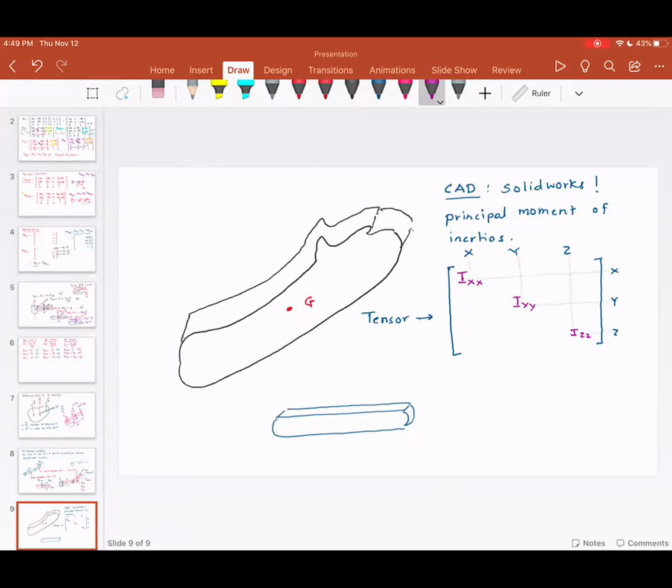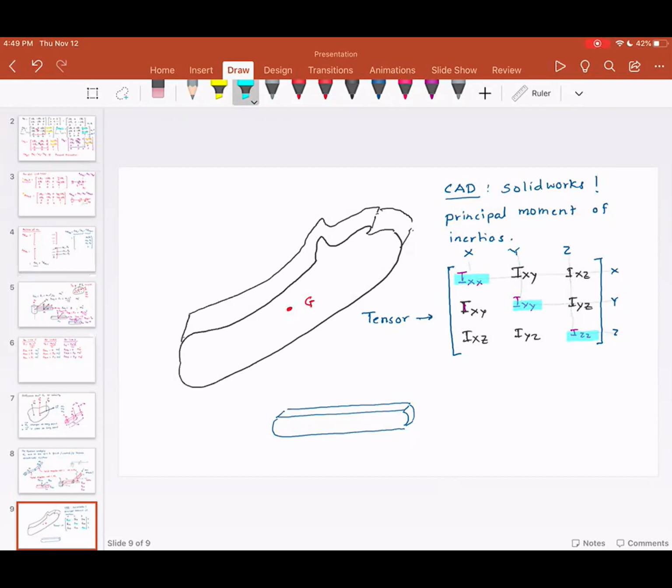And on the off-diagonal terms, you have Ixy. Please note, same thing here, Ixy. Then here you're going to have Ixz, here Ixz, here Iyz, and here Iyz. So these are the main components on the diagonal, and you are going to have some off-diagonal components.